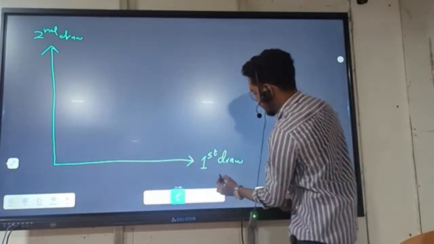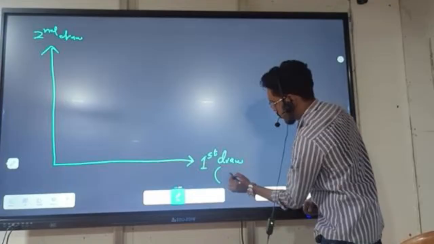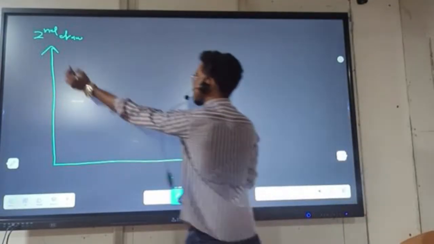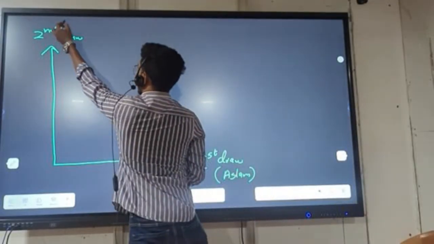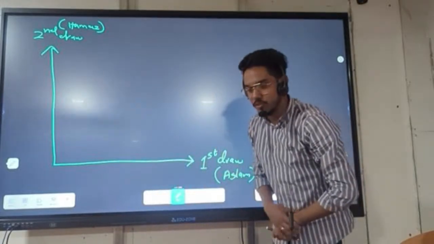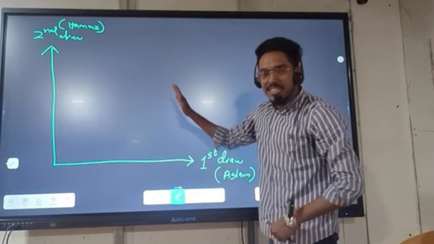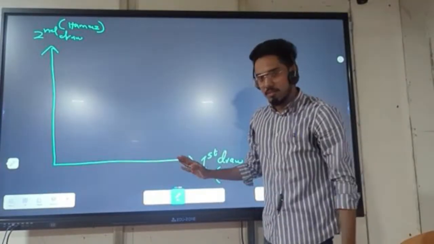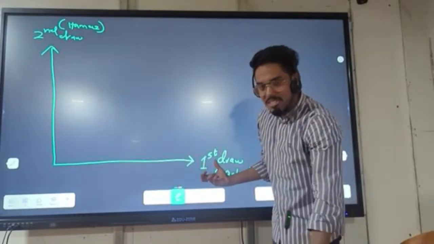I'll write the names also. I'll name this as Aslam, and let me name this as Hamas. So we both are going to take the balls. Now, before seeing the sample spaces, we'll name the elements. In this basket there are 5 balls.